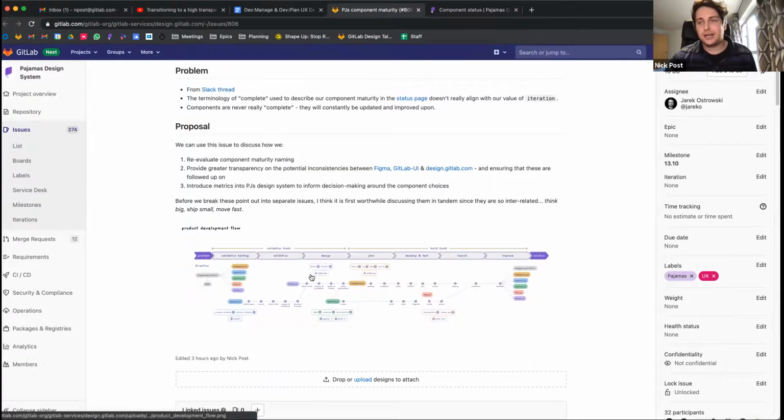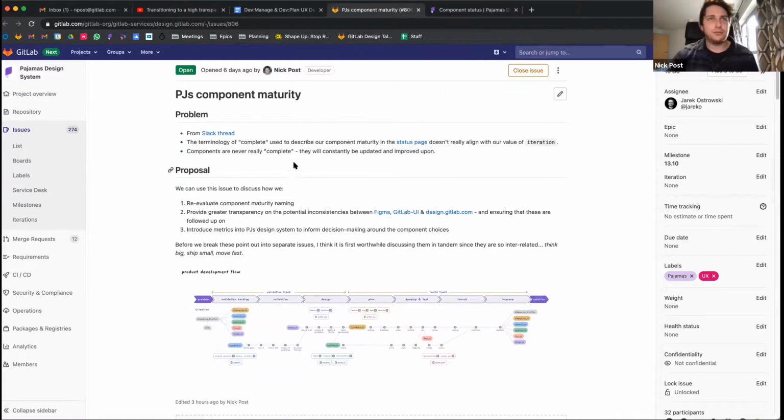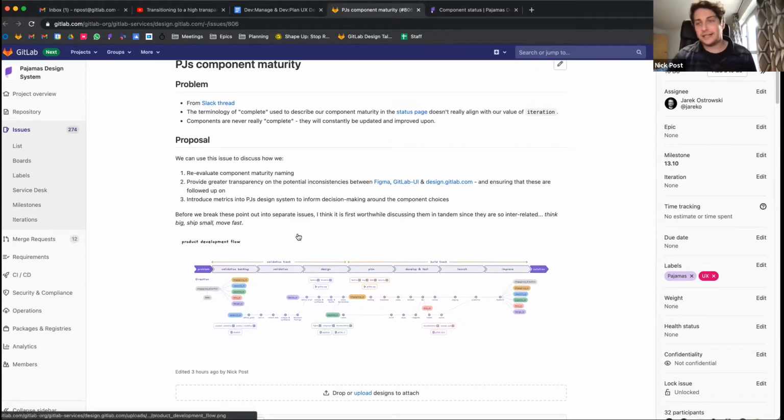So I said, look, this "complete" terminology is a little bit strange to me, but whilst we're at it, can we create an issue and have a discussion at a high level about our design system and maturity in general?